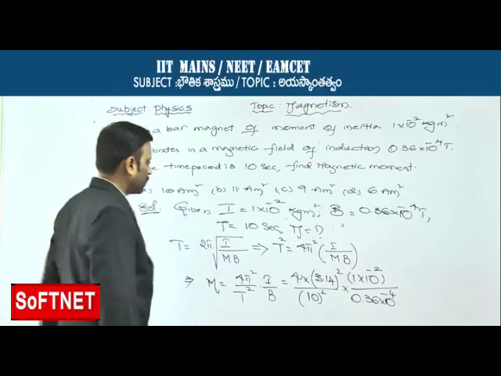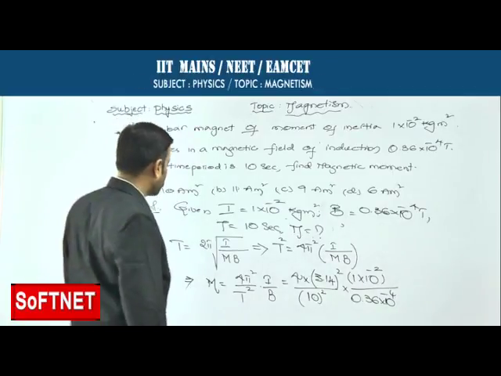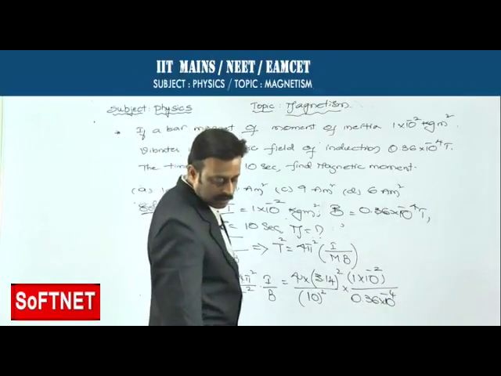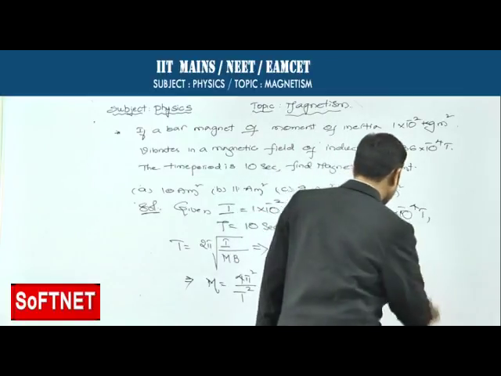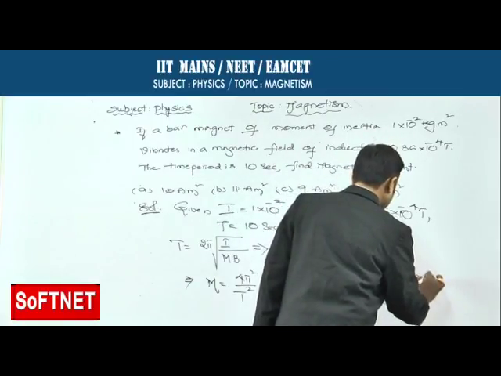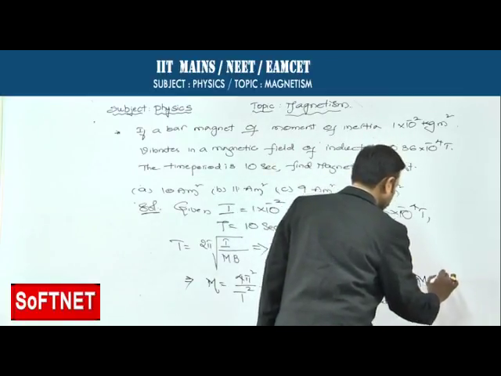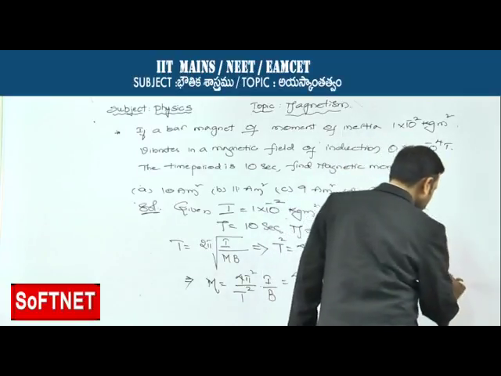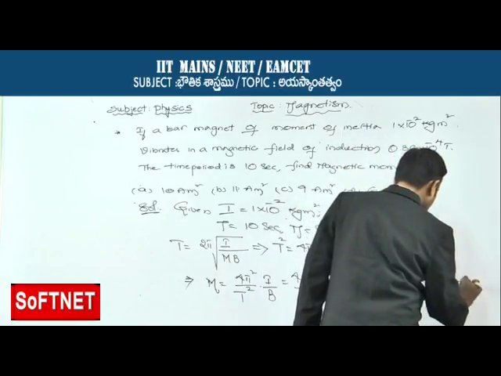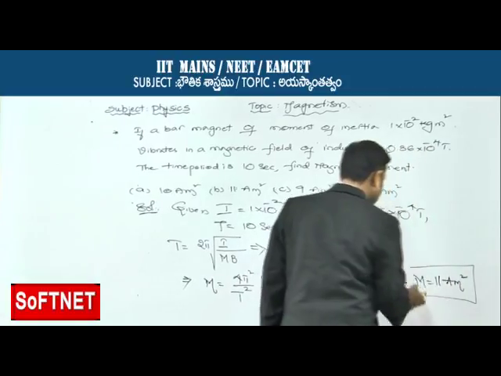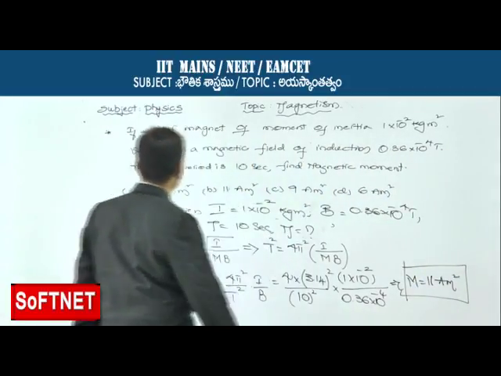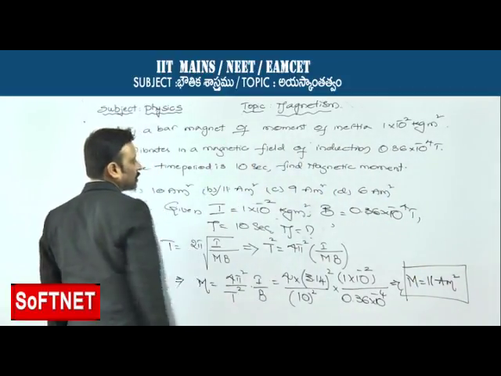When you simplify, finally you will get the magnetic moment as 11 ampere meter square. So, the second option is correct.